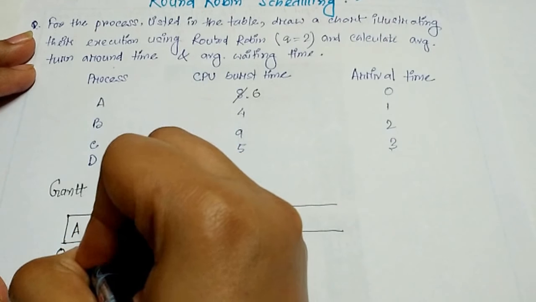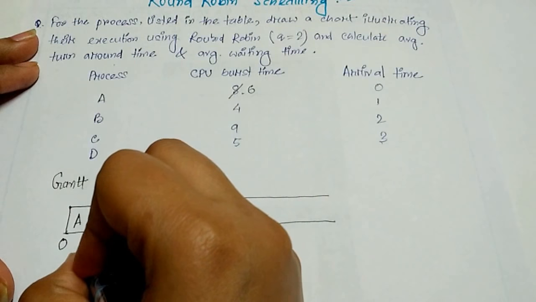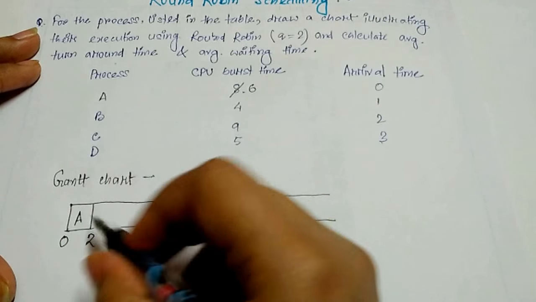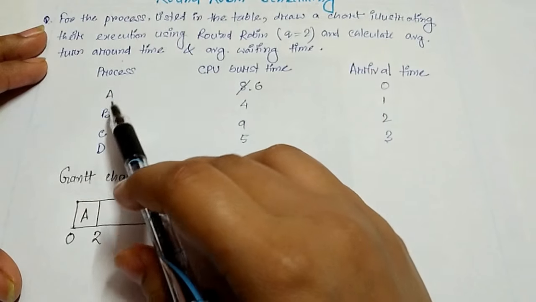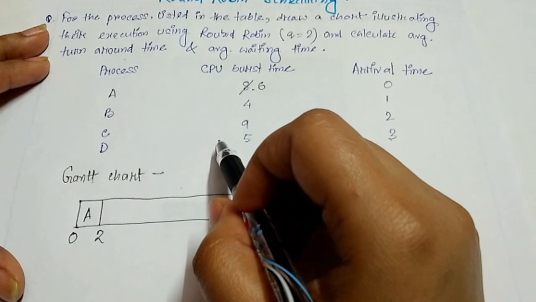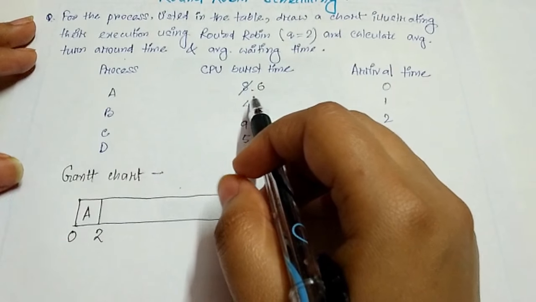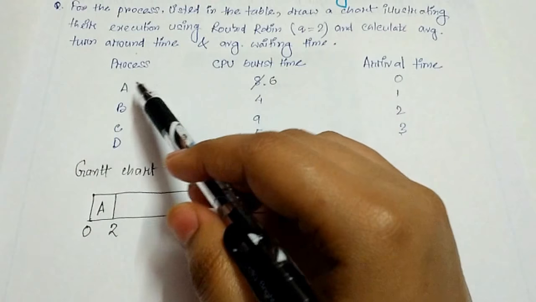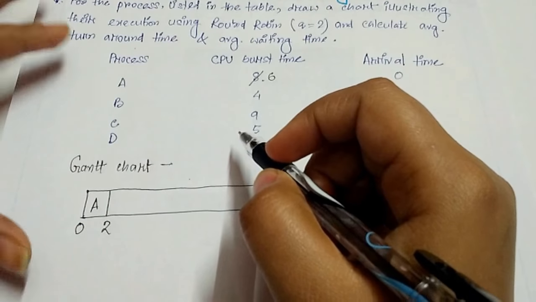So process A, it is the finish time of process A. Now comes process B. In this technique, the processor gives an equal chance to all the processes.